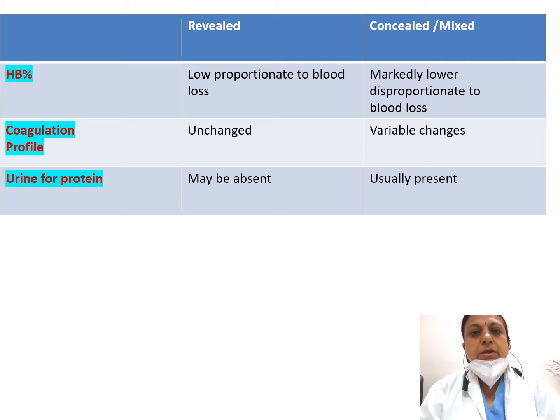Then hemoglobin is low, which is proportionate to the blood loss in the revealed variety, whereas there is marked lowering of the hemoglobin, which is disproportionate to the blood loss. So there is marked pallor in the concealed variety, whereas there is no obvious blood loss. Coagulation profile is unchanged in the revealed variety, but there can be variable changes in the concealed variety. The urine for proteins may be absent in the revealed variety, but it is usually present in the concealed variety.